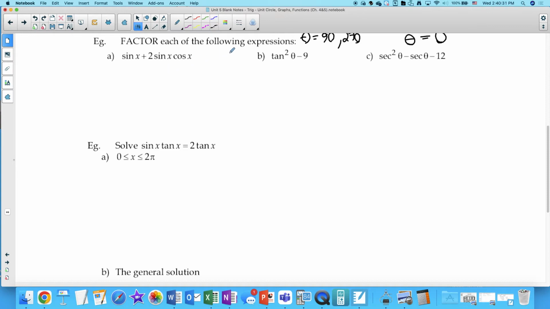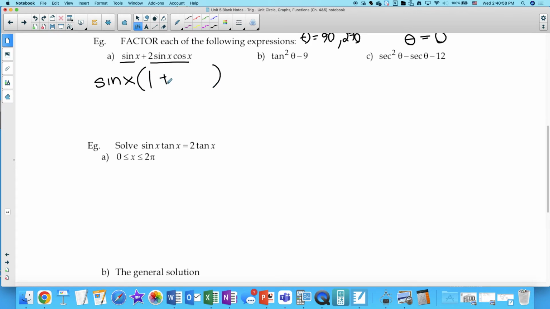So when I look at these two terms, is there a common factor? Yes, sine of x. So I'm going to take out a sine x. And from this term, what's left? 1. Yes, and from this term, 2 cosine x. Okay, so that's how that would factor.